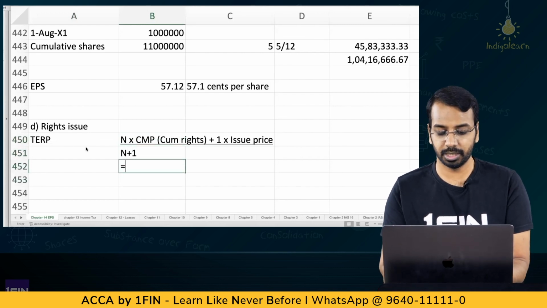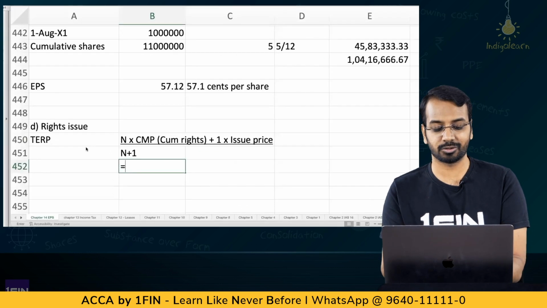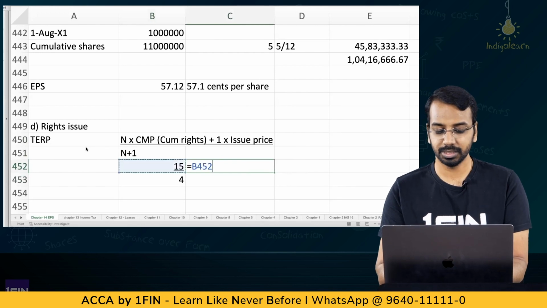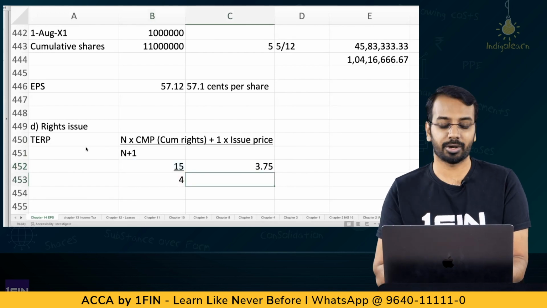So here, 1 for every 3. So 3 multiplied by price is 4 plus 1 multiplied by 3 divided by 4. So that is 15 divided by 4, you get 3.75.